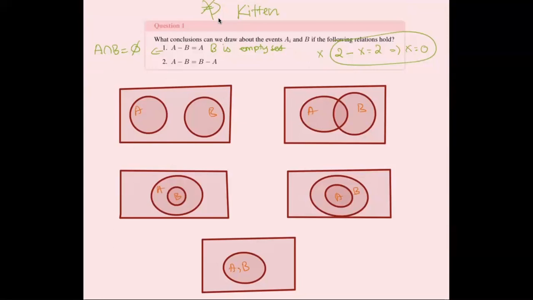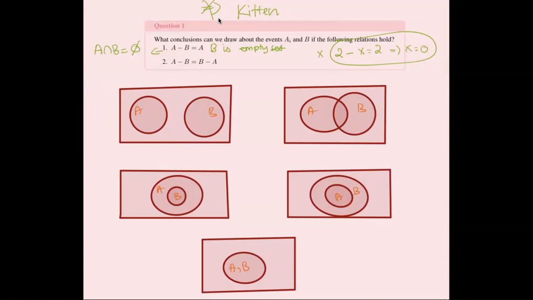Are they disjoint? Or do they have some elements in common, partially, like this one? Or is one a subset of the other, or are they the same set? What do you think?